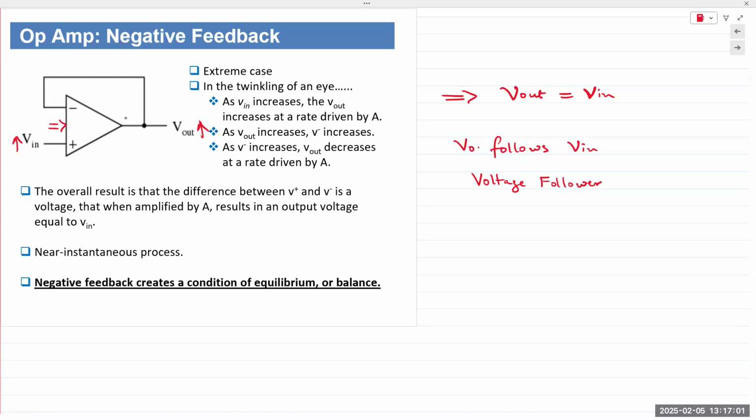It is used to isolate two different circuits, as an isolation amplifier or a buffer circuit to provide a buffer between two circuits. I will show with an example.